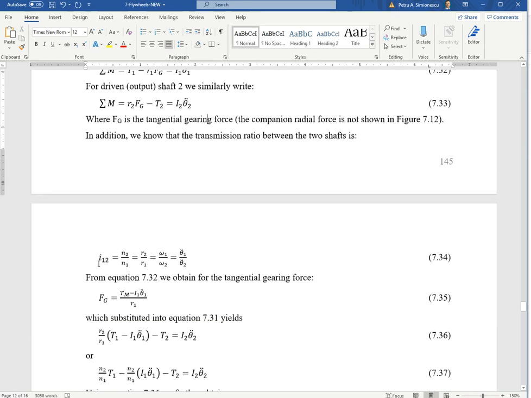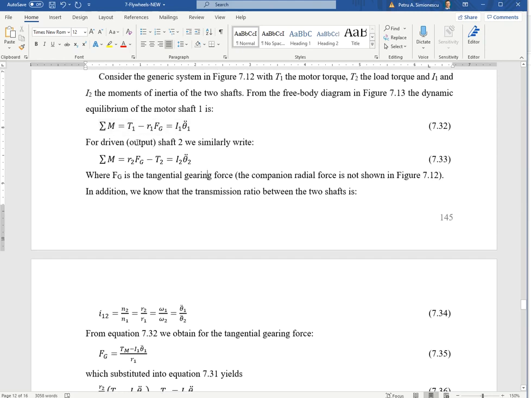We know the transmission ratio between the two shafts. I12 is the inverse of the number of teeth, inverse of the pitch radii or pitch diameter, but we have radii here because they occur with Fg, and it's equal to input omega over output omega, and acceleration follows the same ratio.